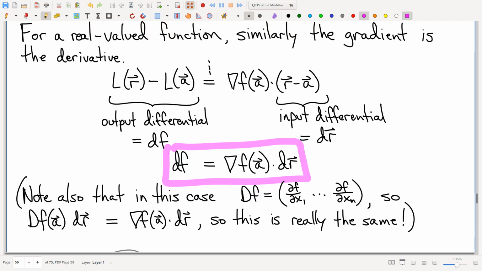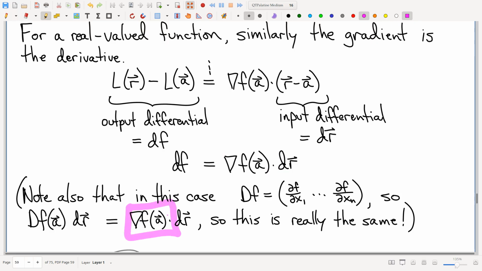And so I'm going to go back and ask sort of the same question. What's the difference between dotting with the gradient versus matrix multiplication by a row matrix? And again, it's the exact same thing. The gradient is a column vector consisting of all the partials. df, in the real value case, is a row consisting of all the partials. It's all the same stuff, just assembled in a slightly different way.